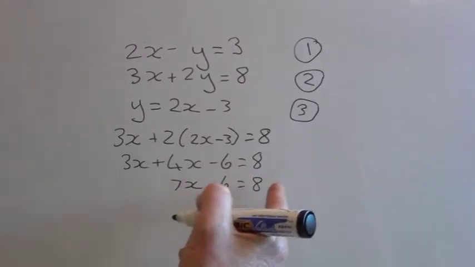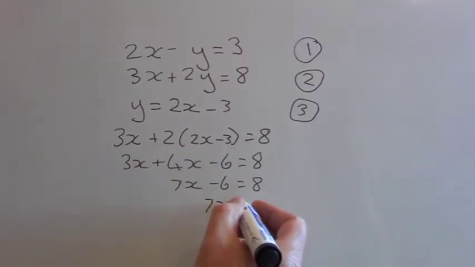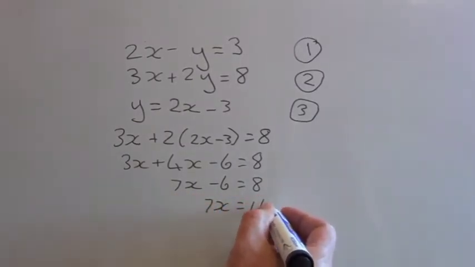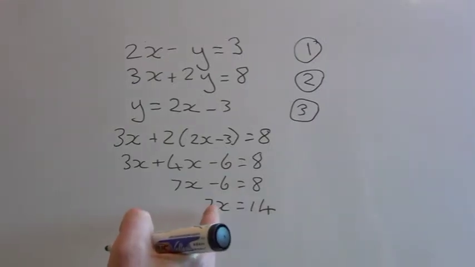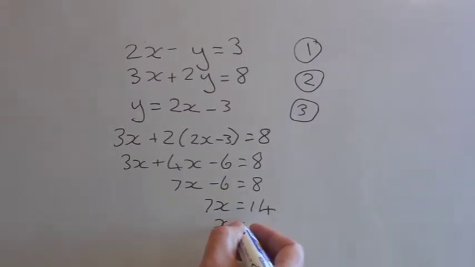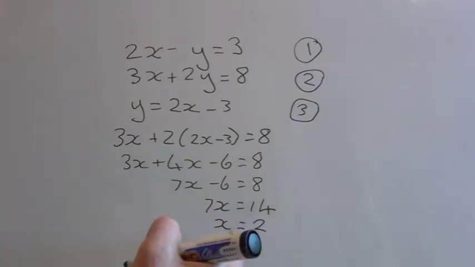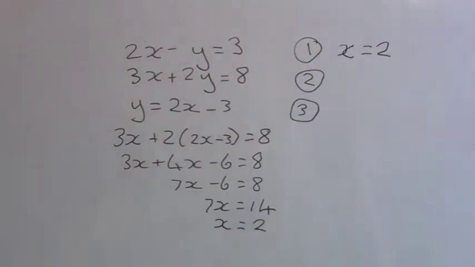Adding 6 to each side we get 7x equals 14, and then dividing each side by 7 we get x equals 2. So I'll make a note of the value of x up here, so x equals 2.